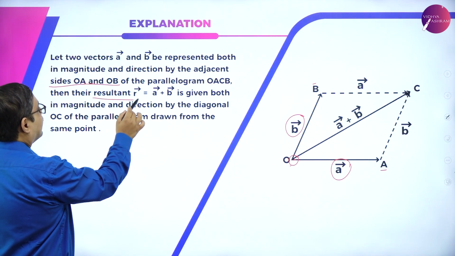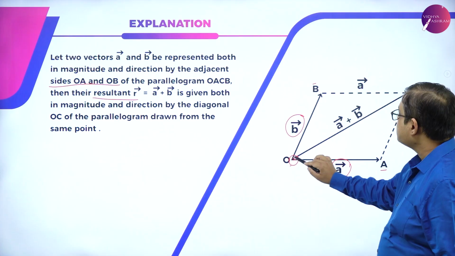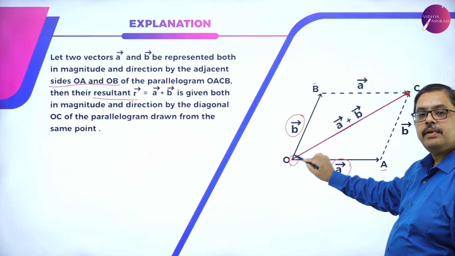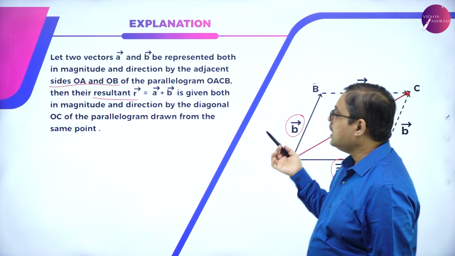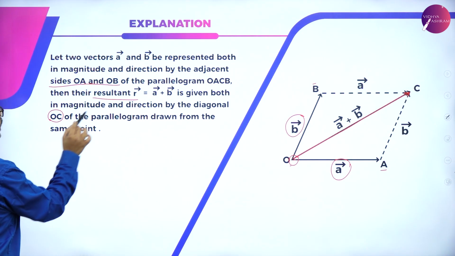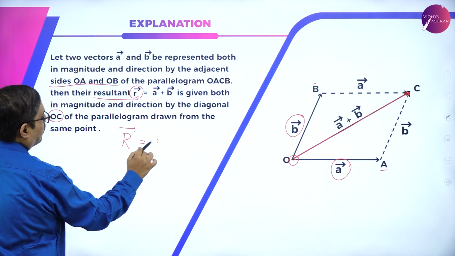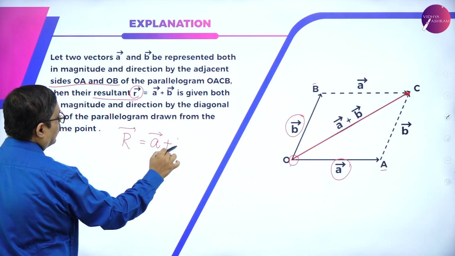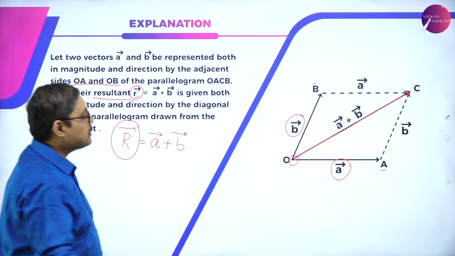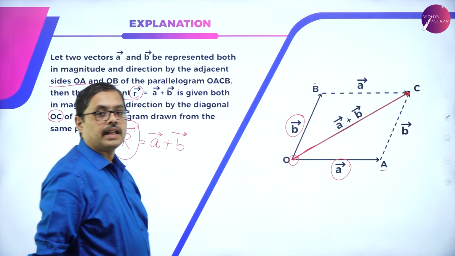Then their resultant R is given both in direction as well as magnitude by this diagonal, which is drawn from the same initial point and connects the opposite corners of the parallelogram. This diagonal OC represents the resultant. So the resultant is given by vector A plus vector B. This resultant, both in magnitude as well as direction, is represented by this diagonal line.